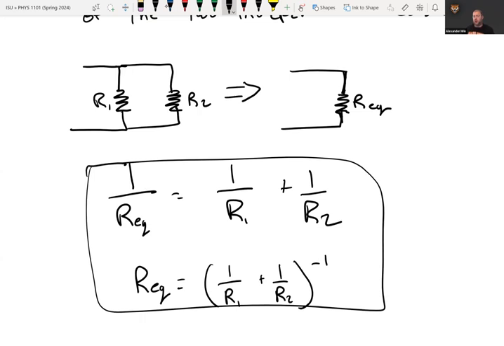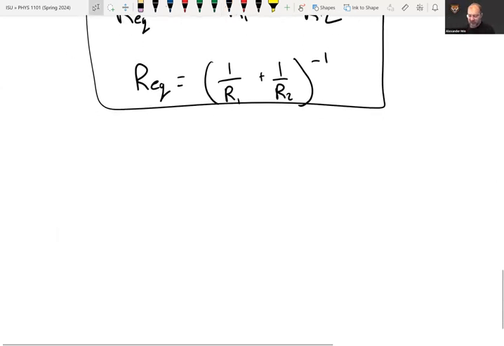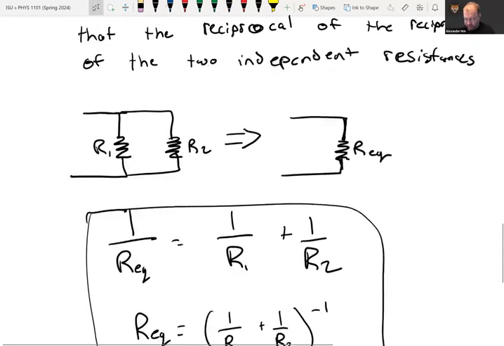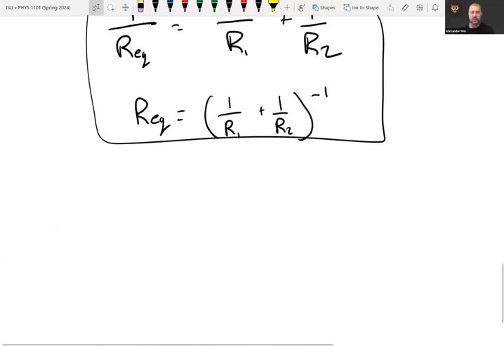Once we do the conservation laws in circuits, we'll go through where these things come from. Really, these things can be verified experimentally, but they can also be proven from the conservation laws that apply in circuits.